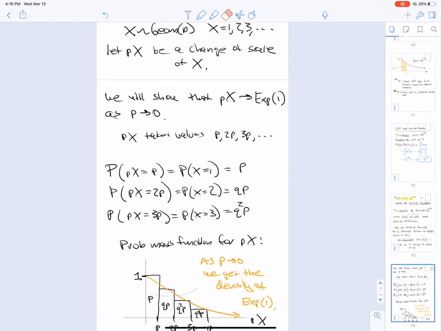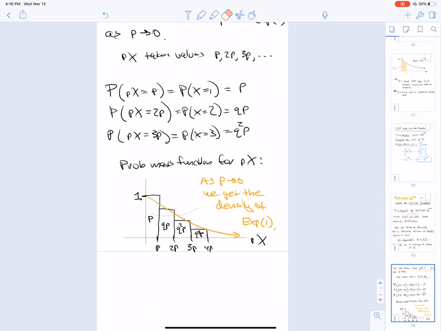And so the probabilities that pX takes these values are p, qp, q squared p, and so on. If you just graph that probability mass function and you make p really small, you'll see that you get an approximation of exactly the exponential(1) distribution. The vertical intercept there is 1, lambda equals 1.